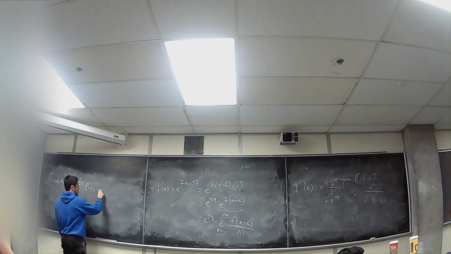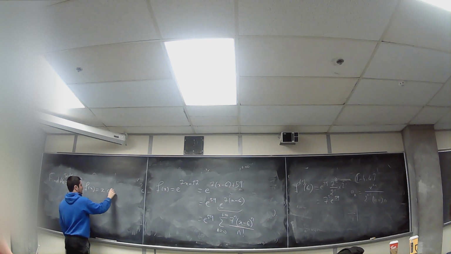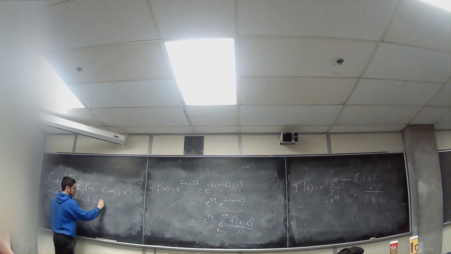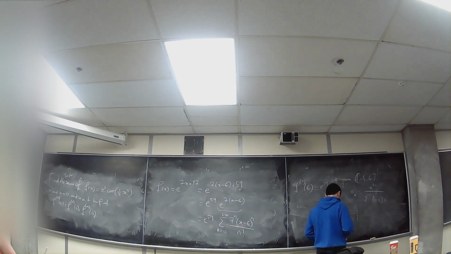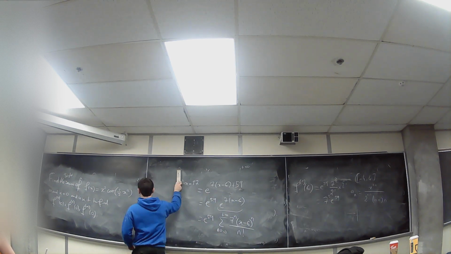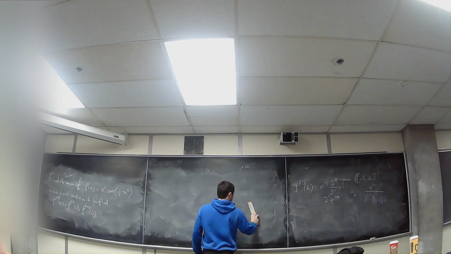Let's try something a bit more... let's try x cubed times cosine of one half x squared, around a equals 0, and use it to find f^(17) at 0, f^(18) at 0, f^(19) at 0. And maybe we can add one. Great.